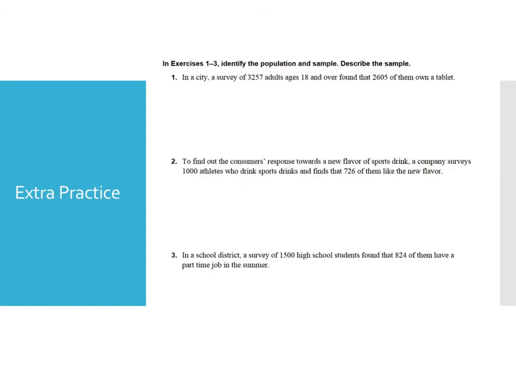So we're going to look at some examples and try to distinguish between the population and the sample. Number 1 says, in a city, a survey of 3,257 adults ages 18 and over found that 2,605 of them own a tablet. So we need to identify what is the population and what is the sample.